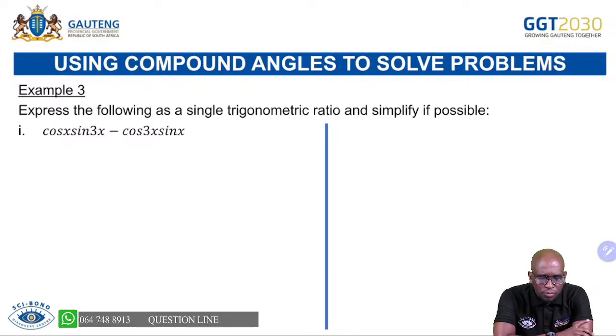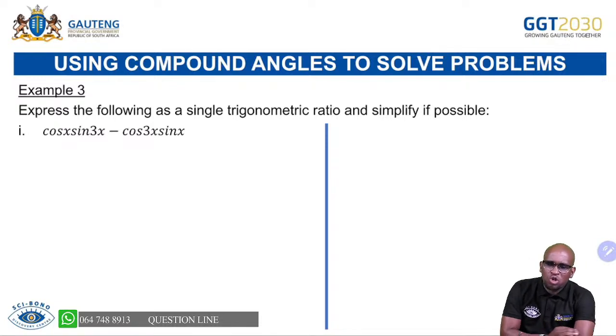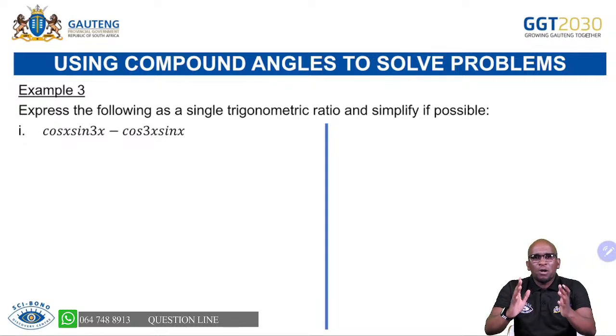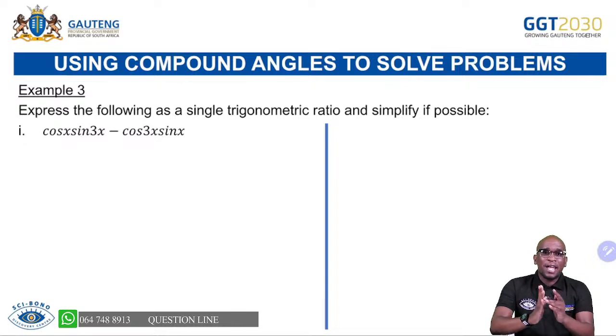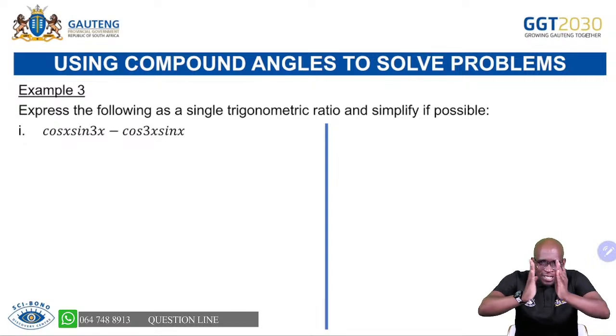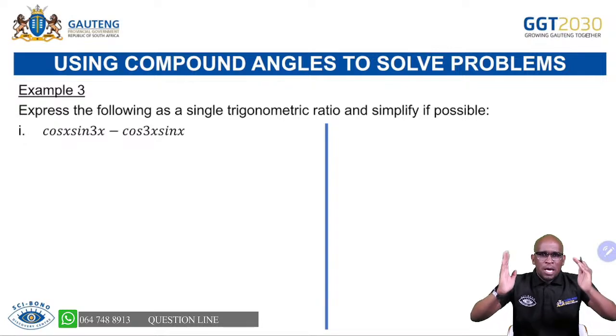Right. Now, express the following as a single trigonometric ratio and simplify where possible. Good people, it is of paramount importance for you to know how to expand, just like we've been doing. We are taking cos A minus B, we are writing it in expanded form.